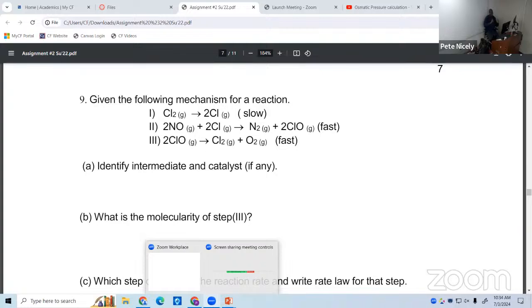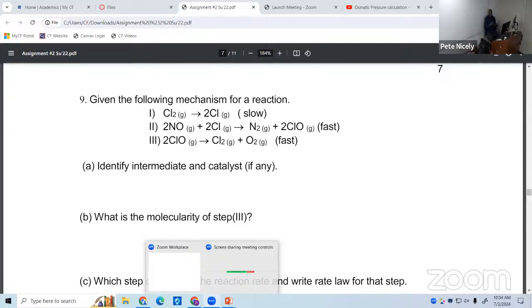I think I have it backwards actually. Let me rephrase that, just in case I made a mistake the first time. An intermediate is a substance that is produced in one step and used up in a subsequent step. That's what I said, right? I think, yeah, okay, good. So that's an intermediate, right? The catalyst, on the other hand, is a species that is used up in one step and then produced in a subsequent step.